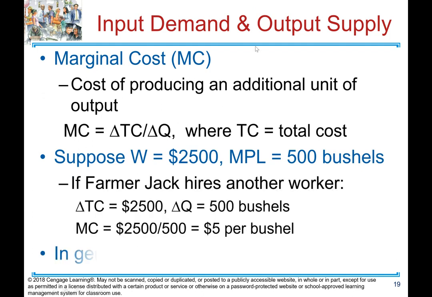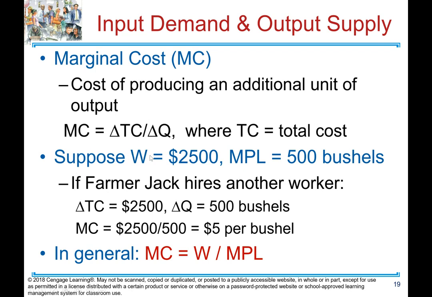Input demand and output supply. Marginal cost, MC. Marginal cost is the cost of producing an additional unit of output. Marginal cost is calculated as delta TC over delta Q, the change in total cost over the change in output, where TC is the total cost.